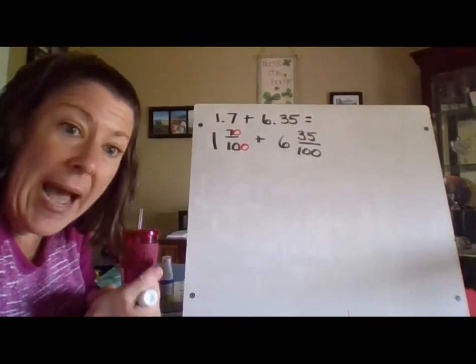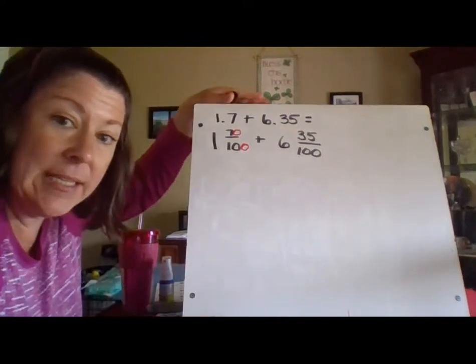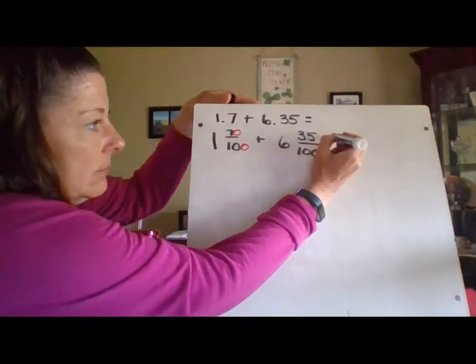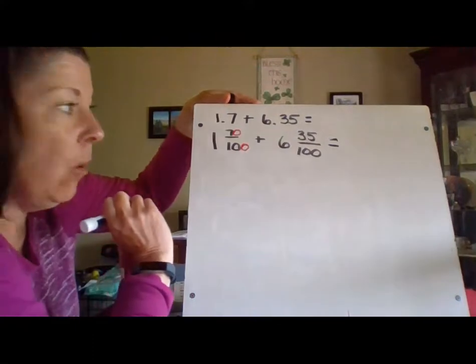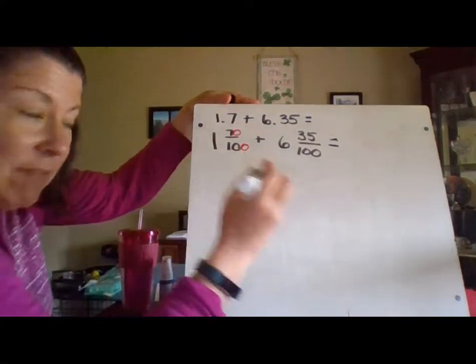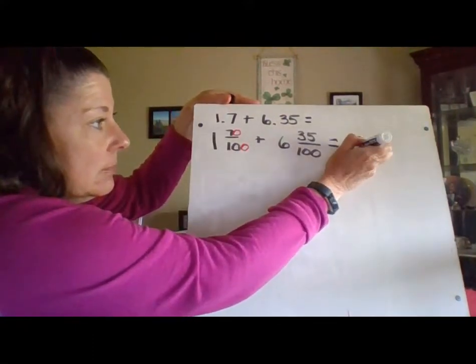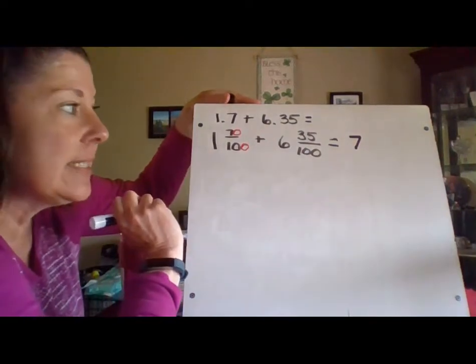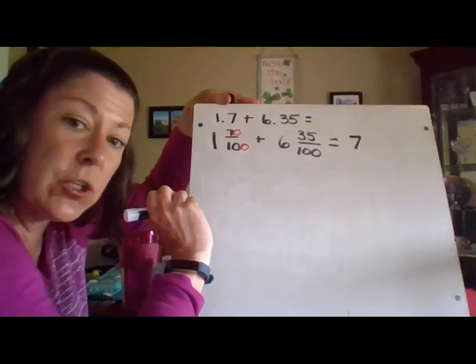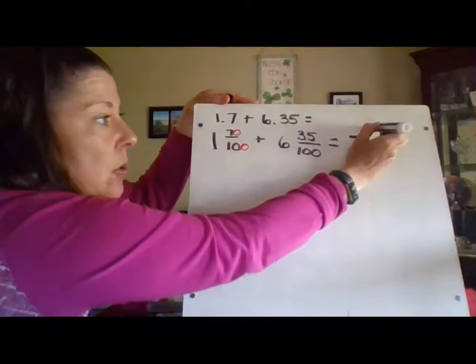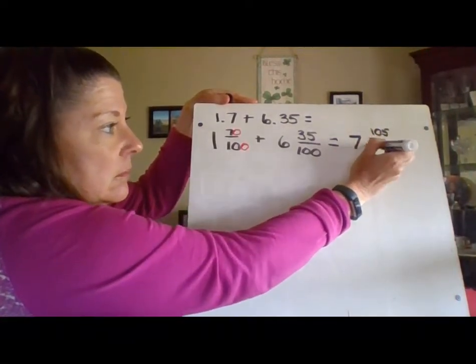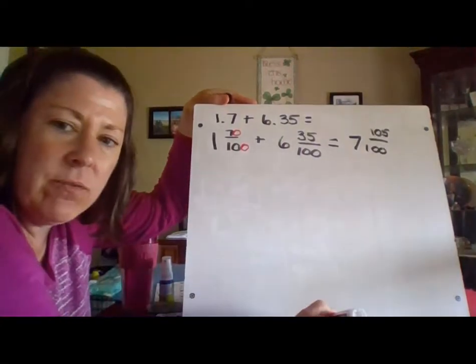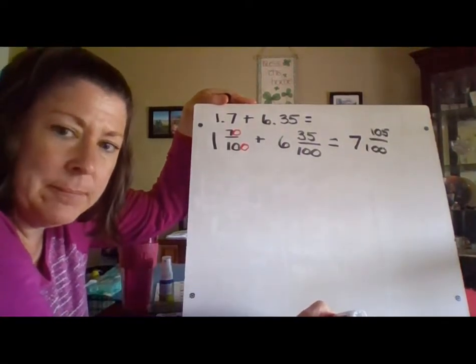I'm going to add my whole numbers and my fractions. One plus 6 is 7. 70 hundredths plus 35 hundredths is 105 hundredths.